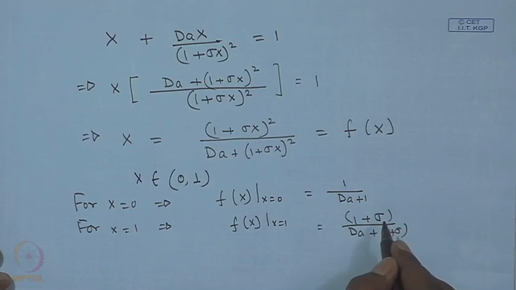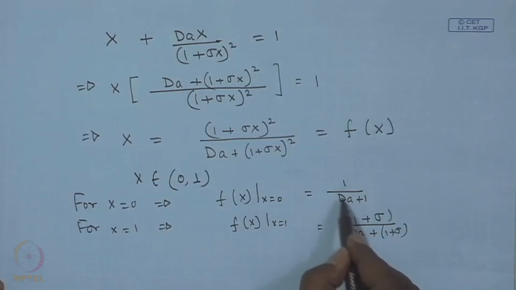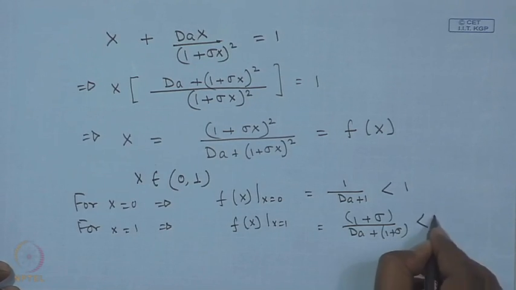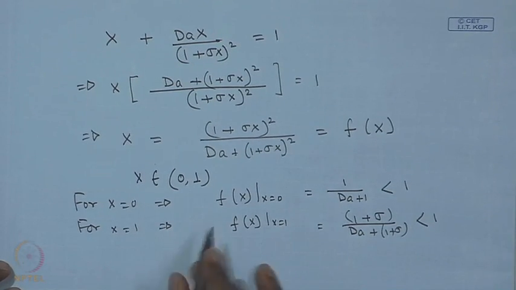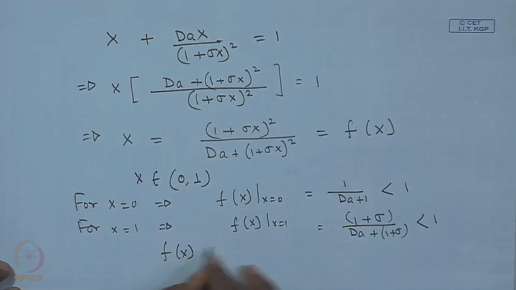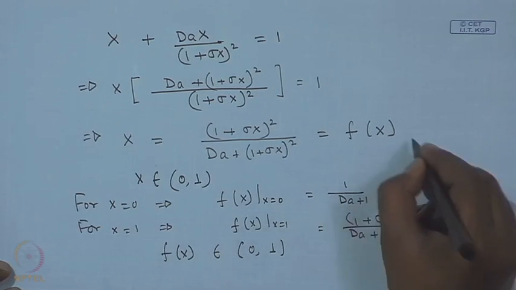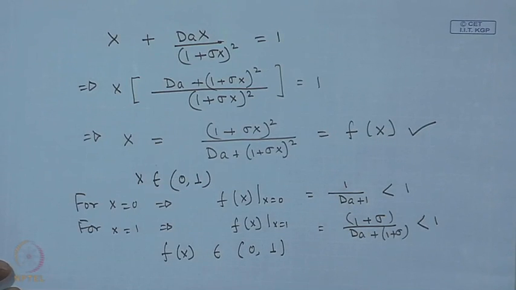The parameters dA and sigma are real and positive. So, 1 over dA plus 1 will always be less than 1. In the other case, the denominator is always greater than the numerator, so this will always be less than 1. So, f(x) also lies in the domain 0 to 1. So, we have selected an appropriate map x equal to f(x), and this has every quality to qualify as a contraction map.